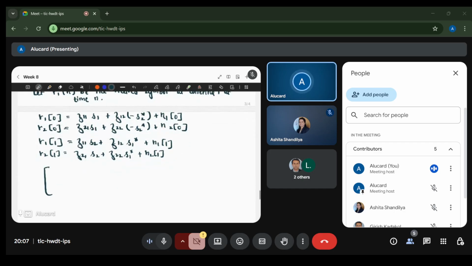If you write it as a vector, R10, R11 conjugate, R20, R21 conjugate, this you can write in matrix form as follows.